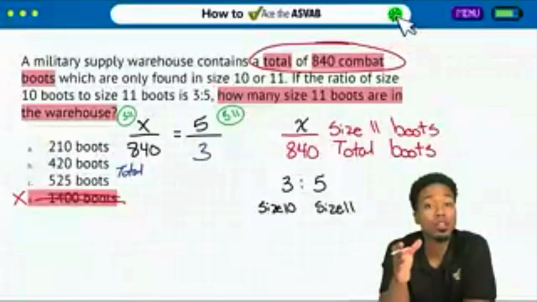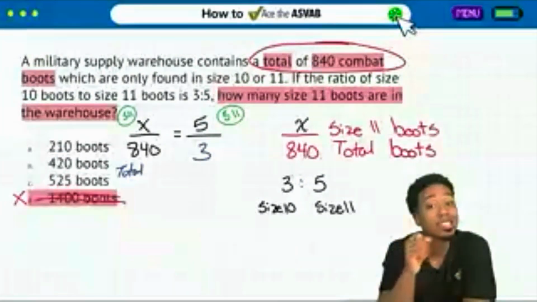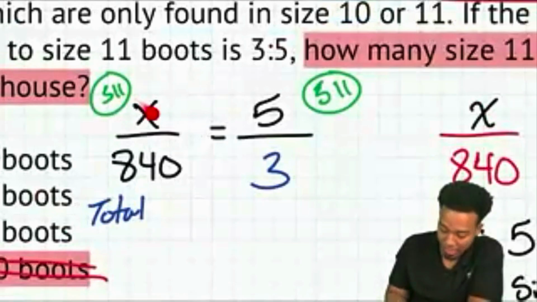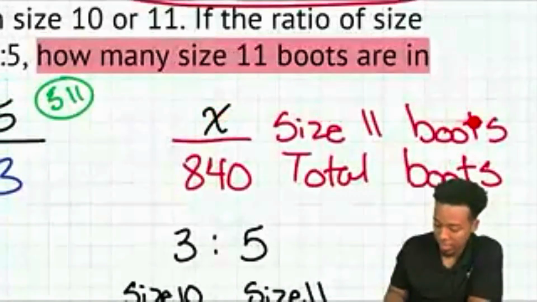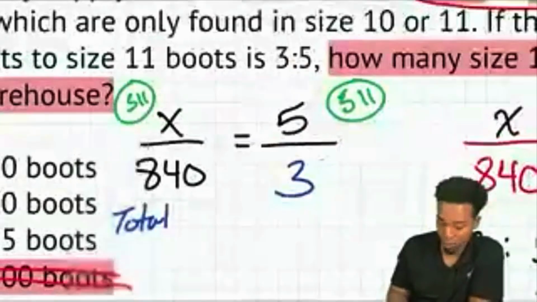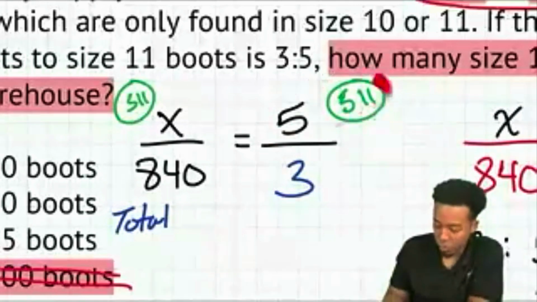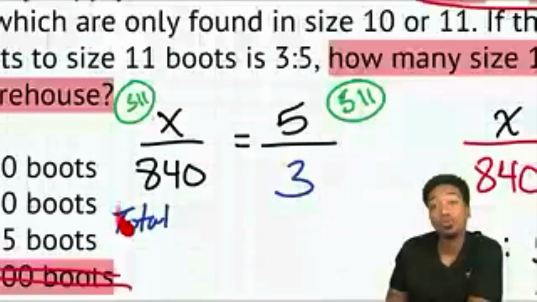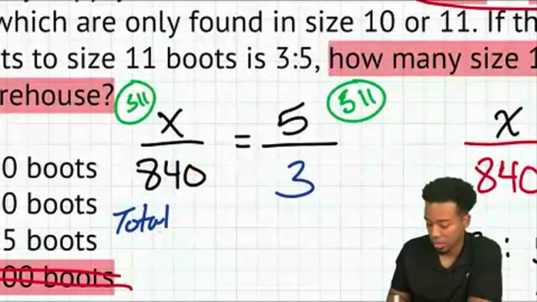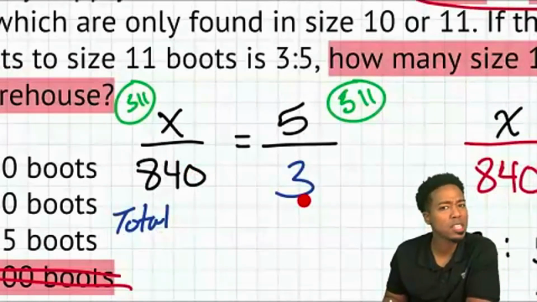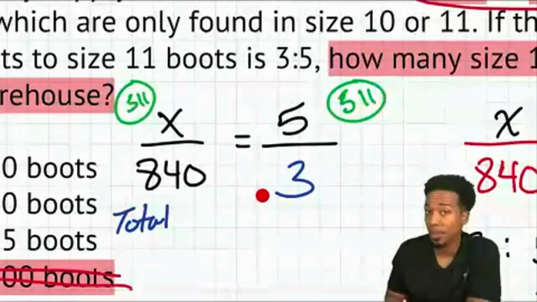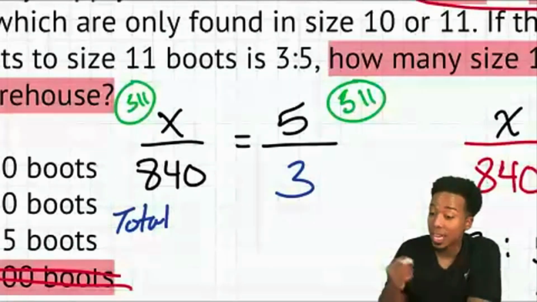If you would have put in the 3, it's wrong because it doesn't represent the same thing. The top over here, size 11, that's X right there. On the bottom, 840 represents the total number of boots. 3 represents size 10. This comparison is not the same. We are not comparing the same things.